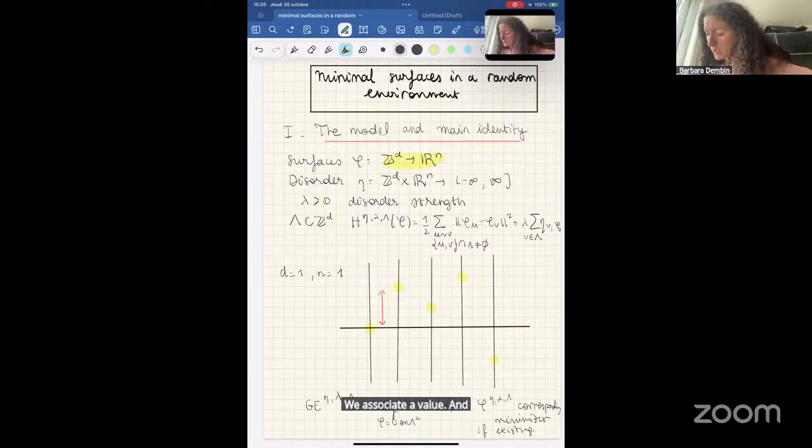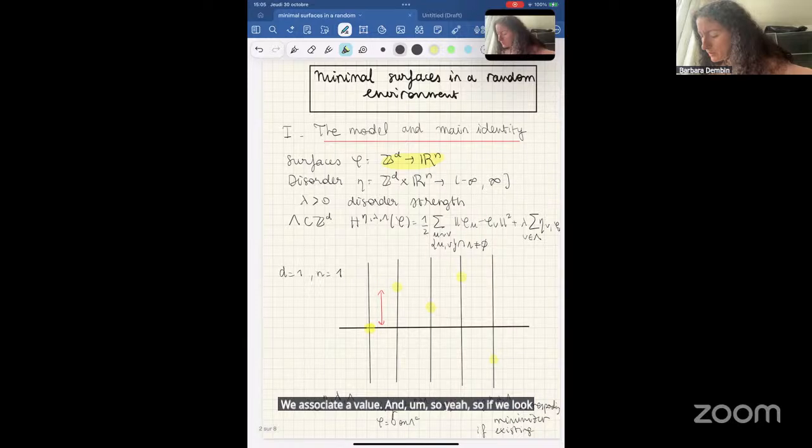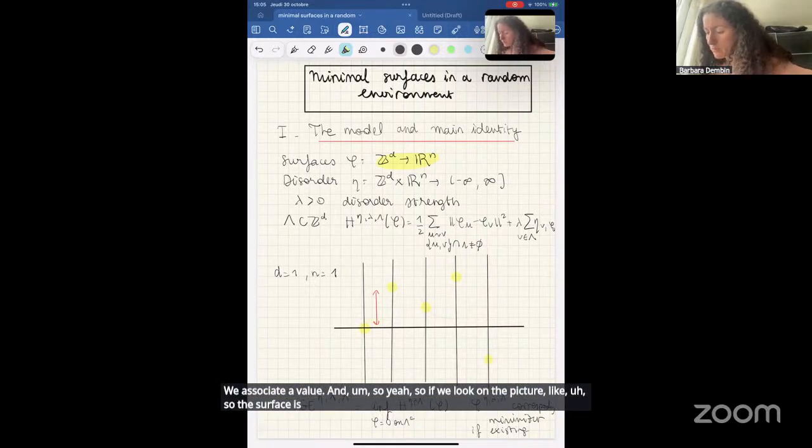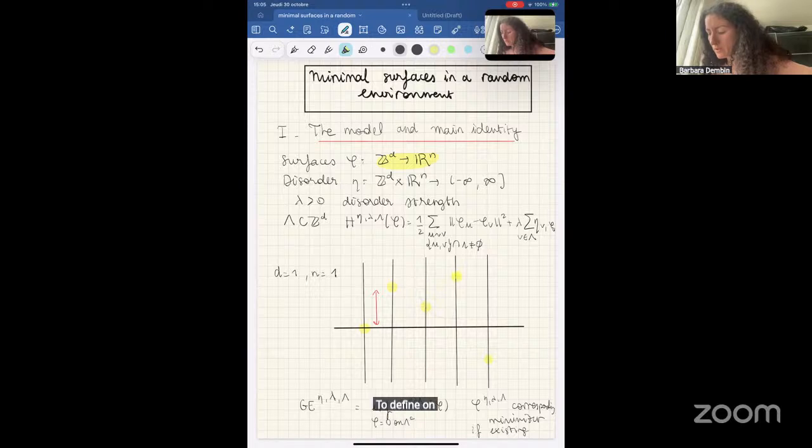In the picture, for dimension 1 and n equal 1, to define a surface you have to assign a value to each point of Z; those are my yellow points.